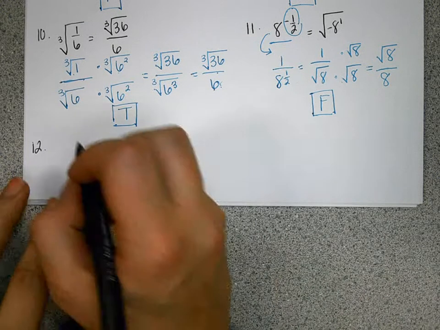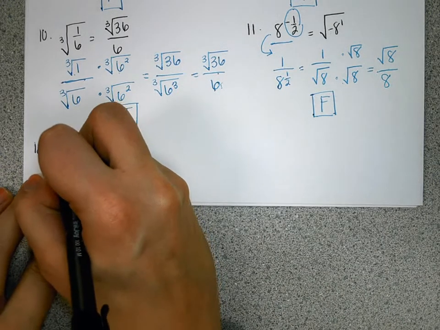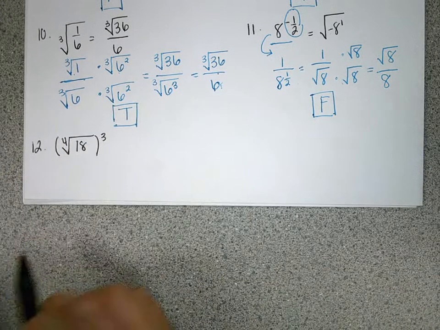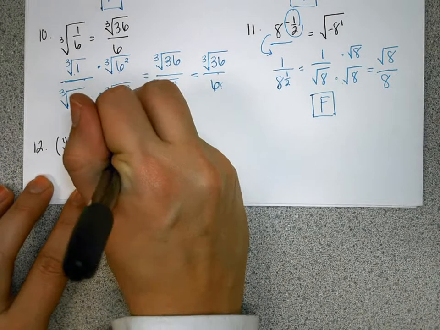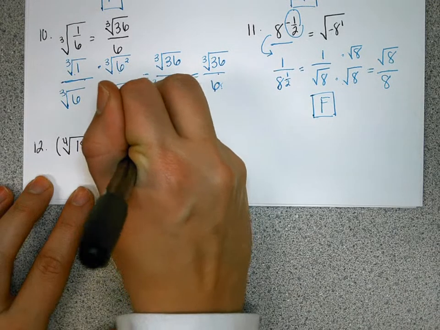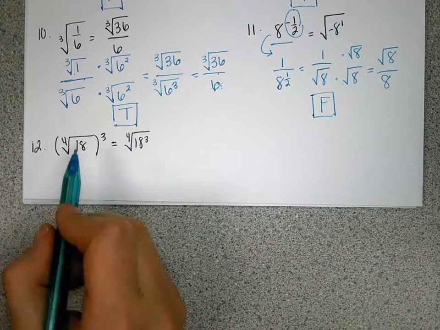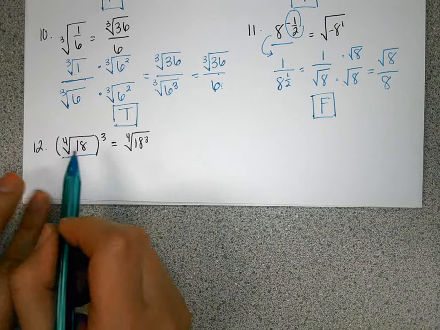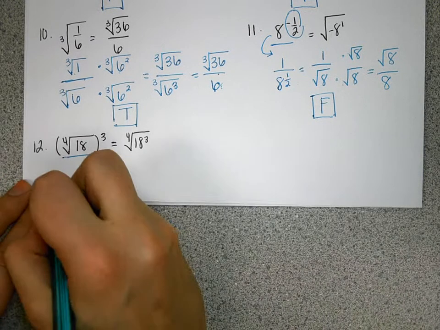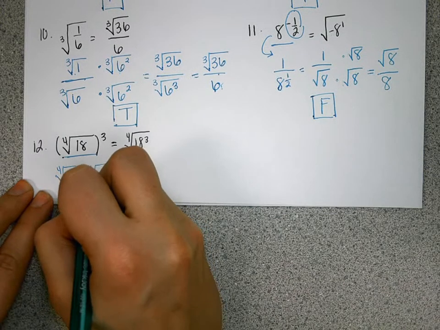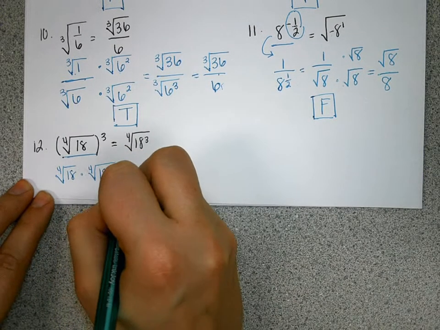Okay, number 12, we have the 4th root of 18 to the 3rd power. And they say that it's equal to the 4th root of 18 to the 3rd on the inside. Okay, guys, the 4th root of 18 to the 3rd power is the same as the 4th root of 18 times the 4th root of 18 times the 4th root of 18.